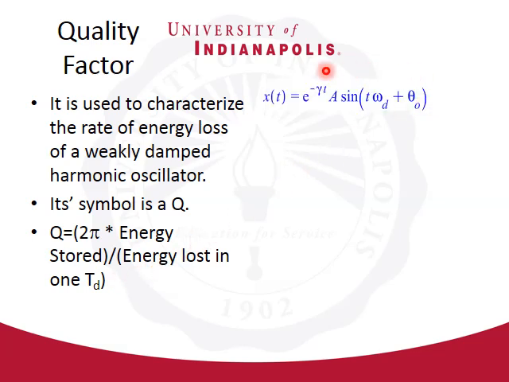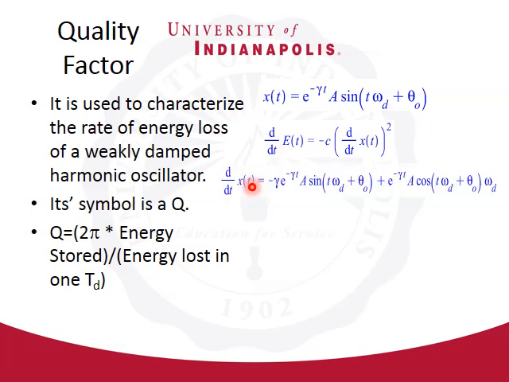Well, this is our solution for the damped oscillator, and so what we're going to do is apply this idea and try to figure out what this term is going to be. So we're going to need to take the derivative of our solution, and to do that you get this term, and then what I need to do is to find my change in energy over one period.